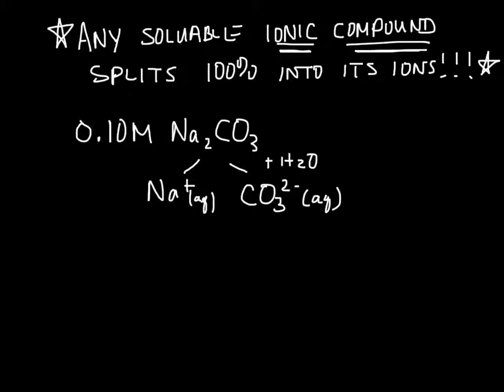From our last example, remember that when this is in solution, when we say we have 0.1 molar of sodium carbonate, that means we have 0 molar sodium carbonate, because it's completely broken up into its ions.